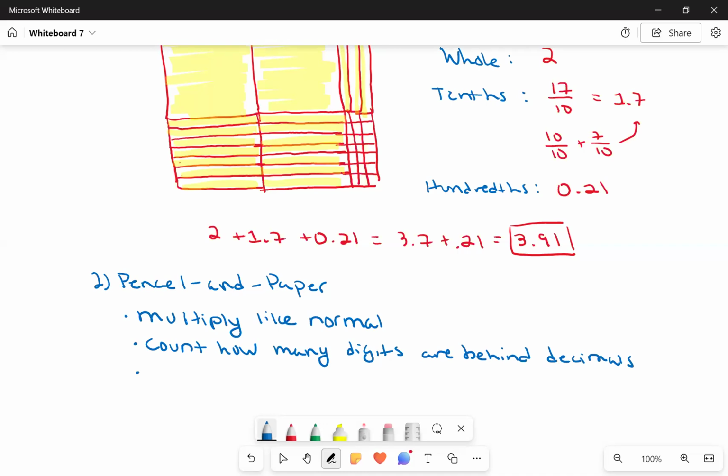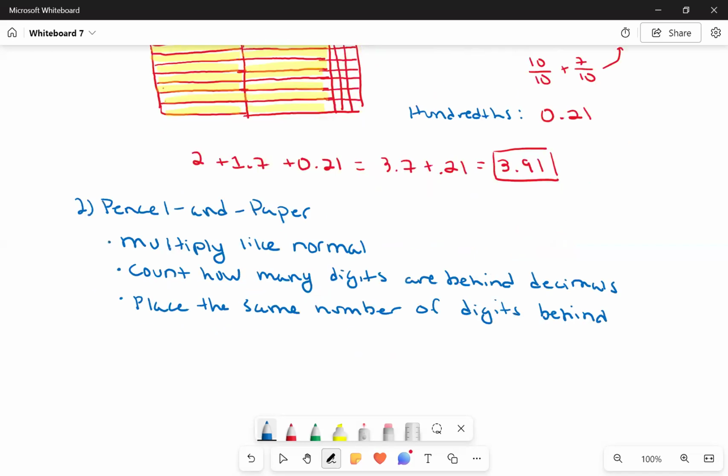And then place the same number of digits behind the decimal in the answer. I really feel like writing this out isn't nearly as clear as actually doing a problem.